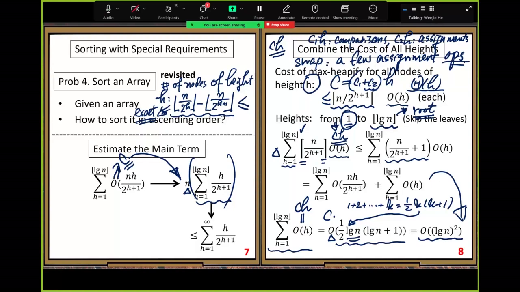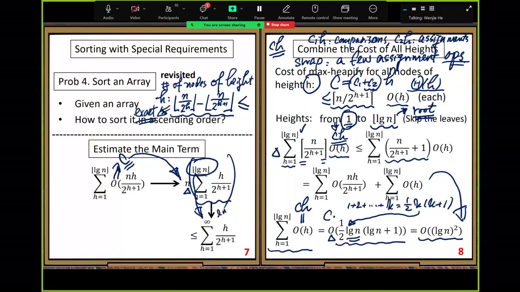So next, let's estimate the summation. But the upper limit is a log function, and a log function is not easy to handle, right? Can we enlarge the upper limit to infinity?